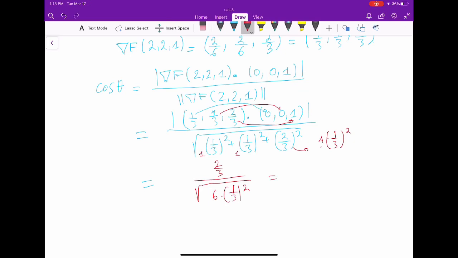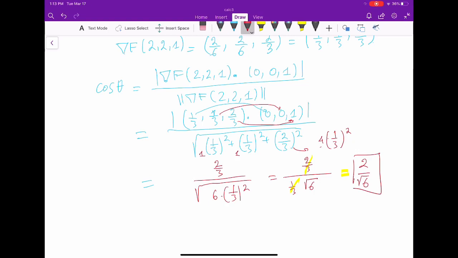So that is 2/3 over 1/3 times the square root of 6. Now we simplify 1/3 and 2/3, and we get just 2 over the square root of 6.